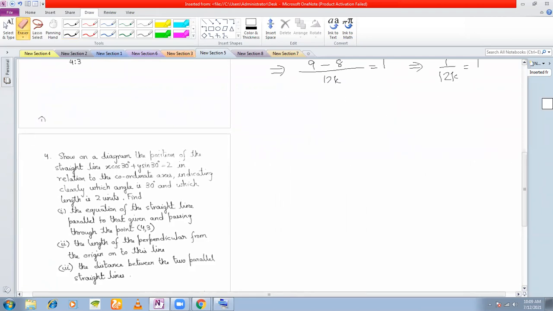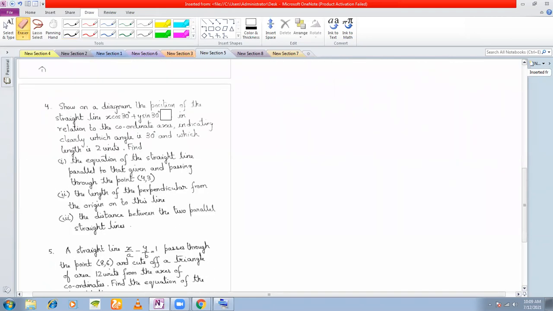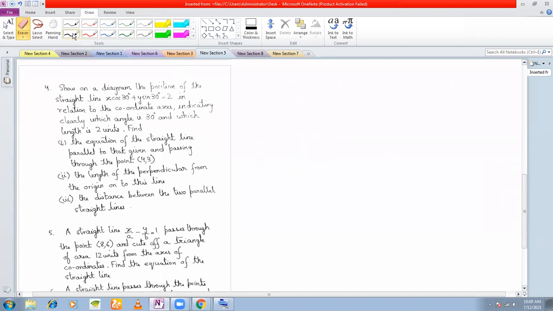Now this problem is from your normal form. Okay. Question is, show on a diagram the position of the straight line x cos 30 plus y sin 30 is equal to 2 in relation to the coordinate axes, indicating clearly which angle is 30 degrees and which length is 2 units. Okay, so let's draw this straight line.